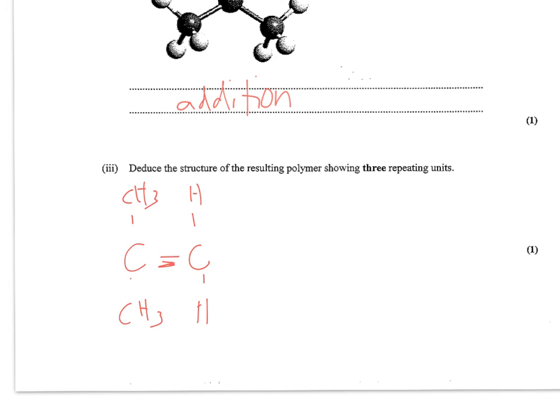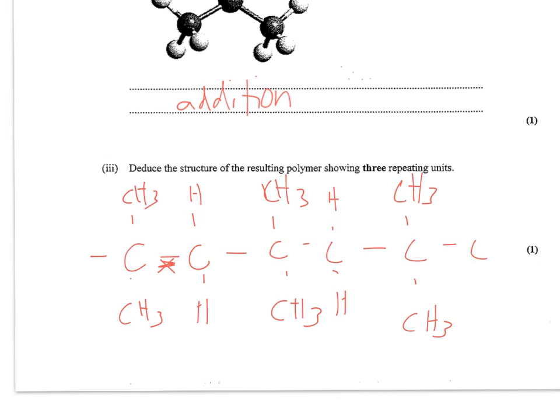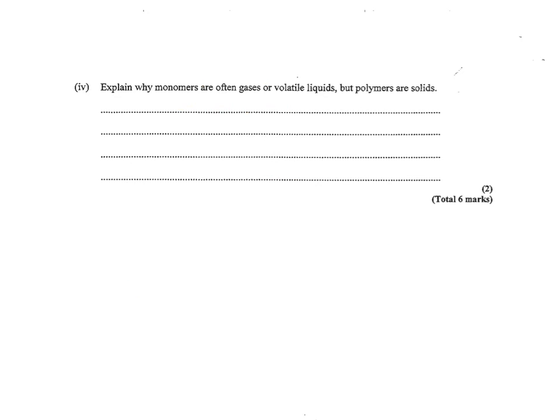And this was the double bond, so that's going to open up here and allow another one of these units, the CH3, CH3, into C. And finally another CH3, CH3, into C. And it's important you always indicate that there's still an open bond at each end here. And it's an open bond, not a double bond, but there's still room for more to be added on.